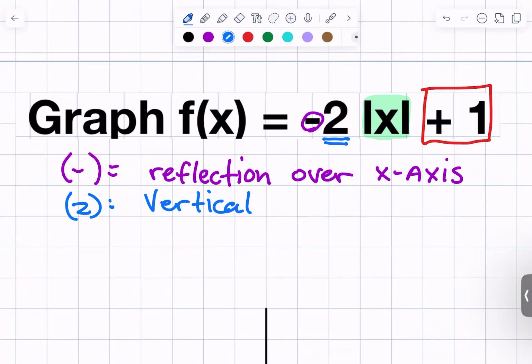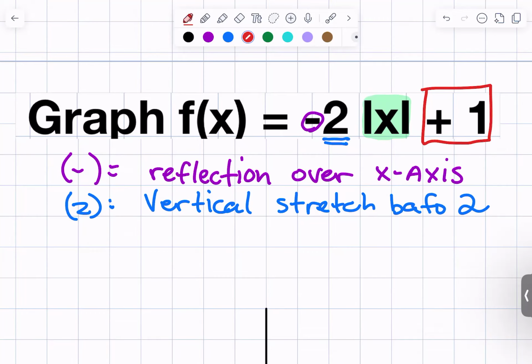Are we growing our money or are we shrinking our money? We're growing it, so we're stretching it. If we're shrinking it, we're compressing it. Okay? So it's a vertical stretch because we go with our gut, by a factor of 2. Correct? Yeah.